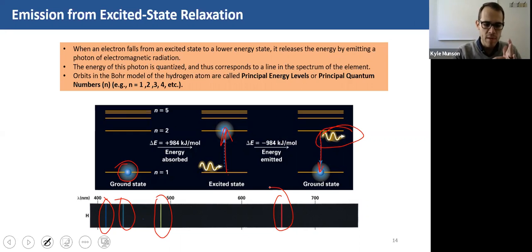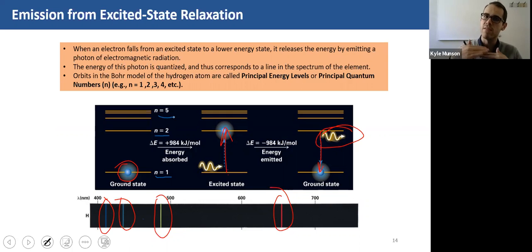The orbits in the Bohr model of the hydrogen atom are called principal energy levels, or principal quantum numbers, and we use the symbol n when we talk about them. For example, you've already seen this in the slides: n equals 1, n equals 2, this is n equals 5 up here.